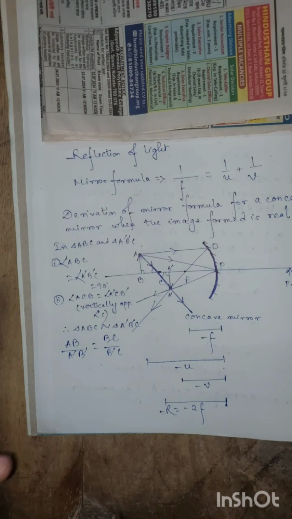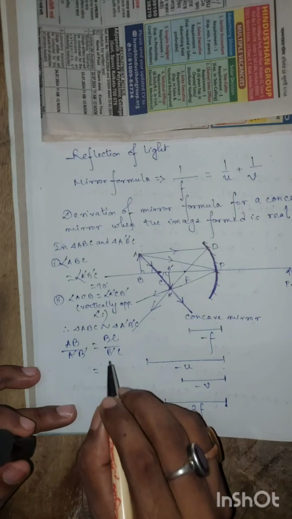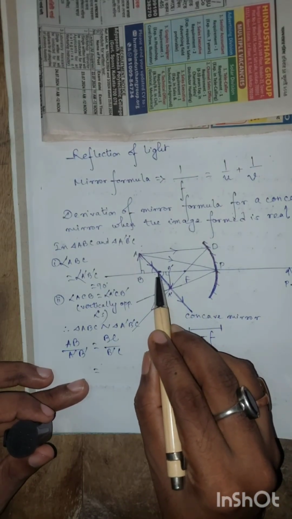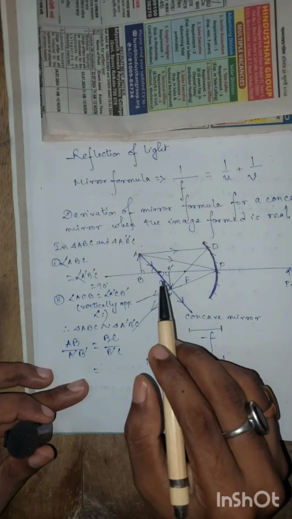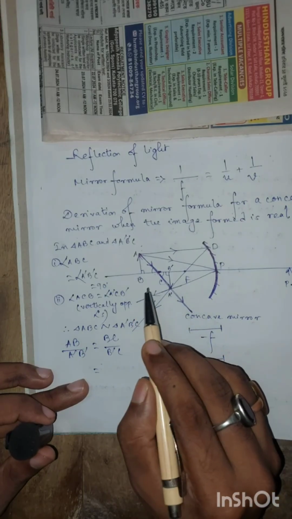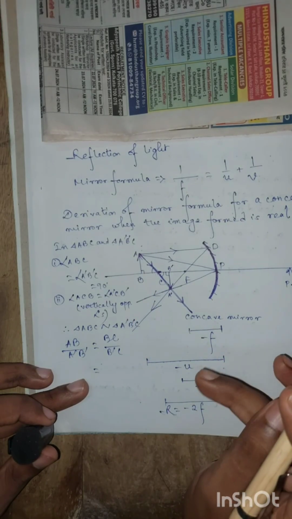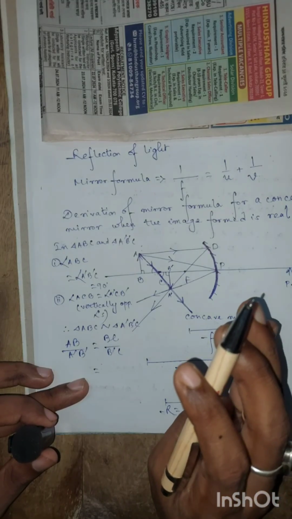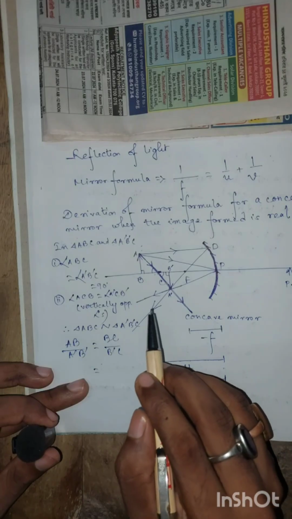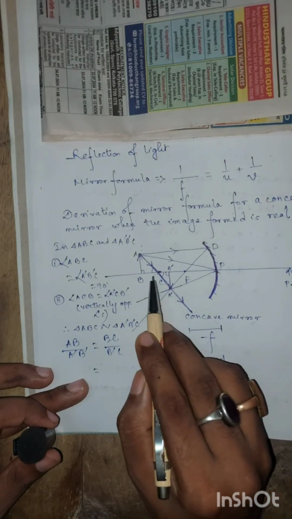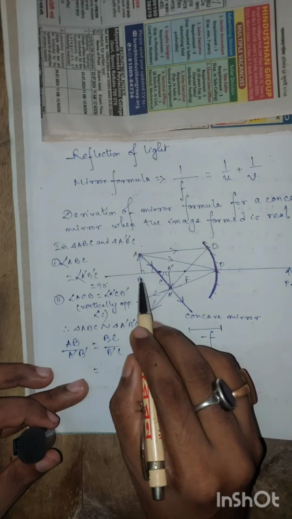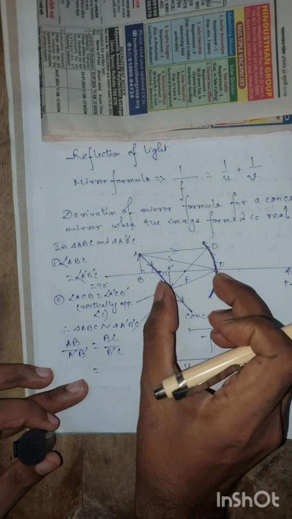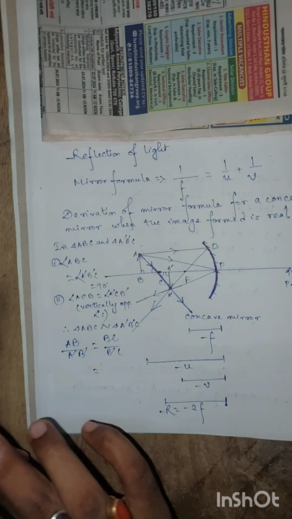Now BC can be written as, this distance can be written as BP minus CP. See carefully.